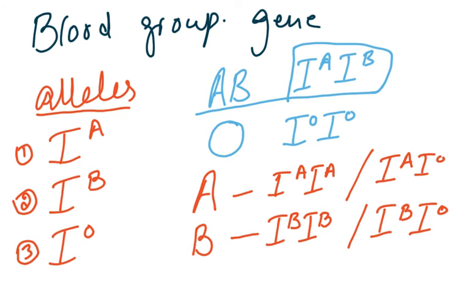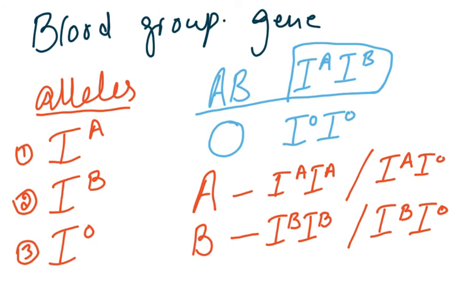Why codominance? Because both of them are showing their effect. Like if you cross red flowers with white flowers, then all the offspring are pink. So the red shade and the white shade are both showing their effect and all the offspring are pink. So this is a phenomenon of codominance. Codominance means both are showing their effect.